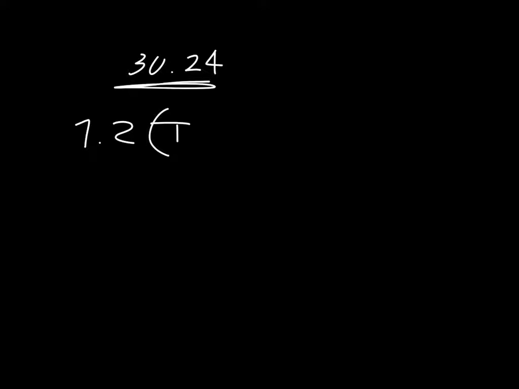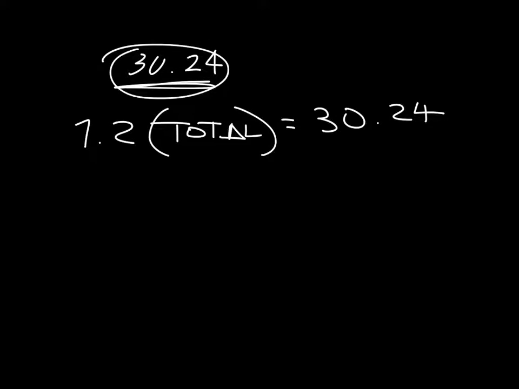Alright, so let's look at example 77.5. Maccabee guessed that the total was 30.24. But this was 7.2 times the total. So the number that Maccabee guessed was 7.2 times the total. See what I did there? He guessed 30.24.